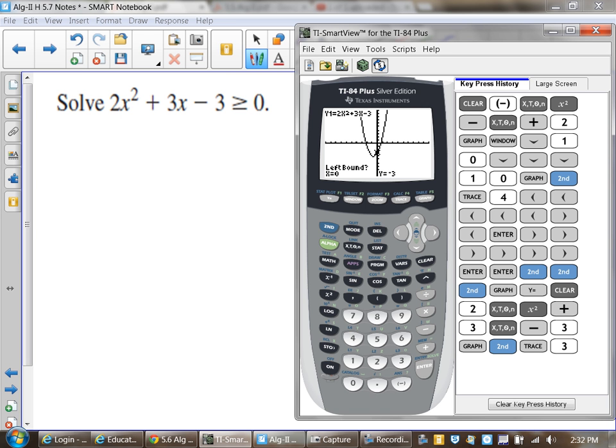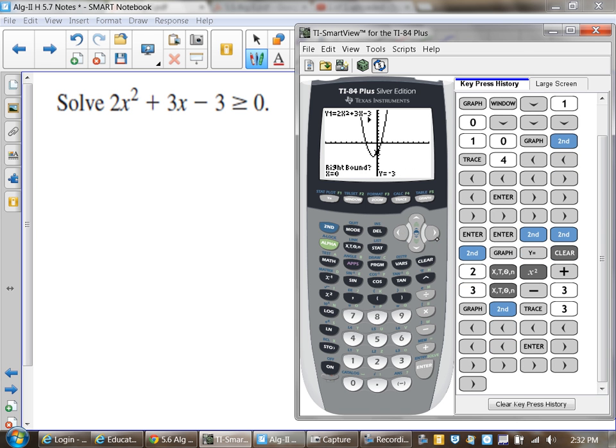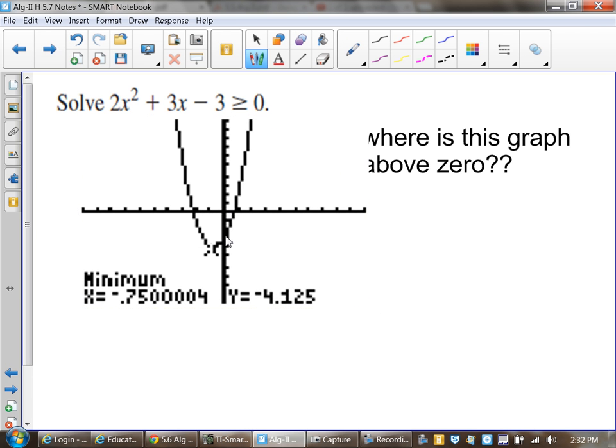Move the calculator around to account for it. So my minimum value, my vertex, is at negative 0.75 and negative 4 1/4.